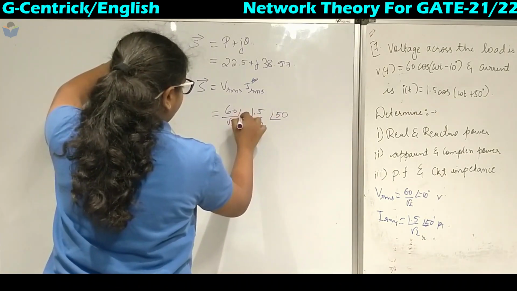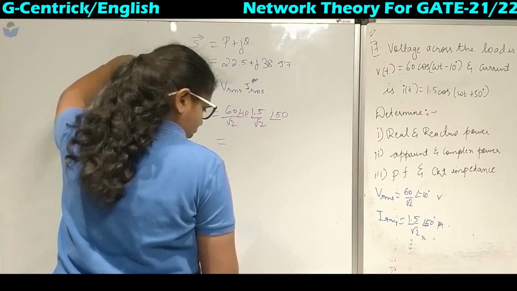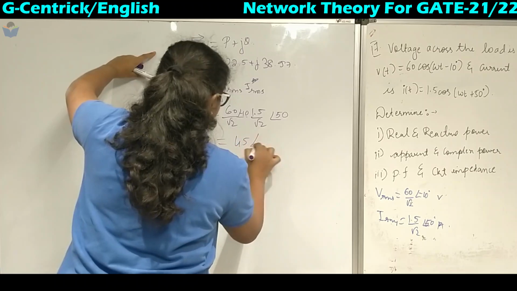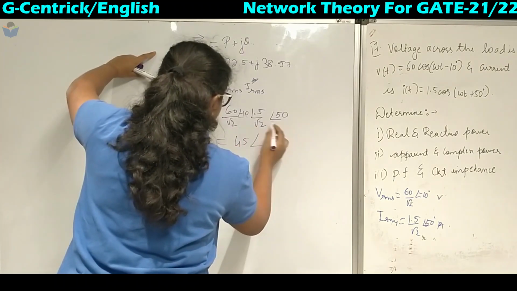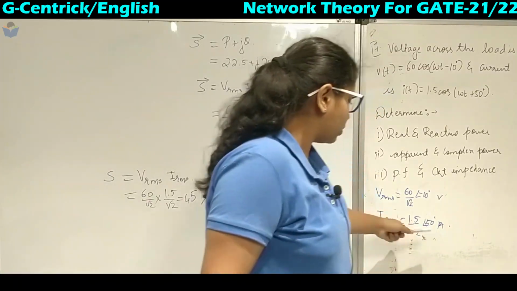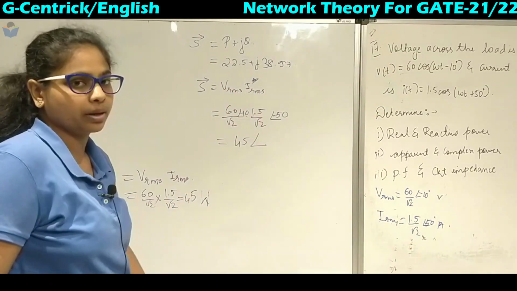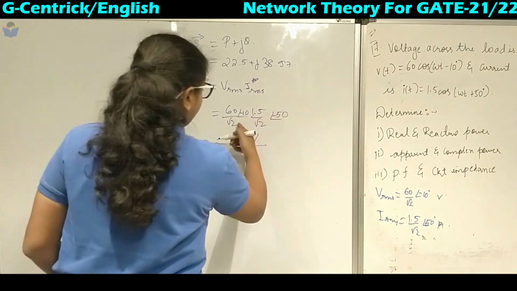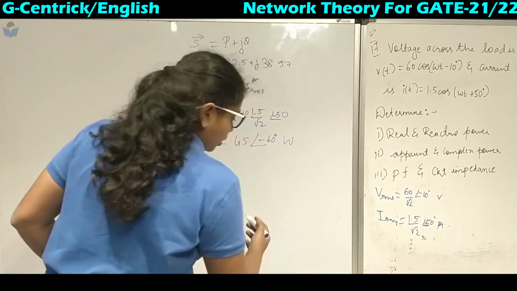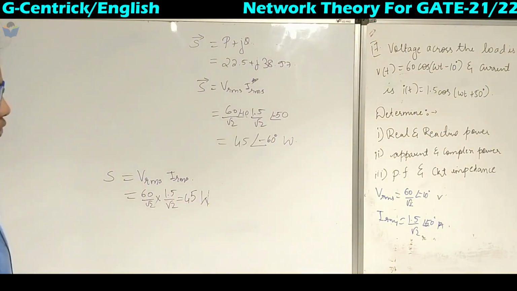Here we had angle minus 10. So this answer comes out to be 45 angle minus 10 minus 50, right? This was plus 50 here, so after the conjugate it becomes minus 50. So 45 angle minus 10 minus 50 is minus 60 degree watts.